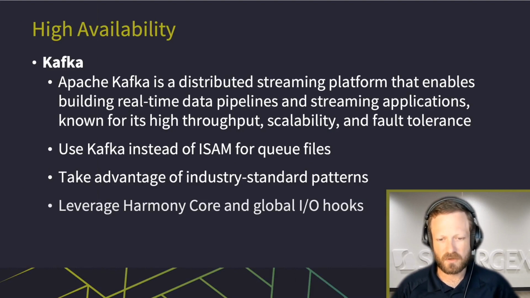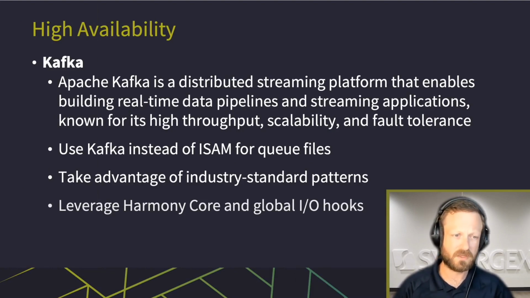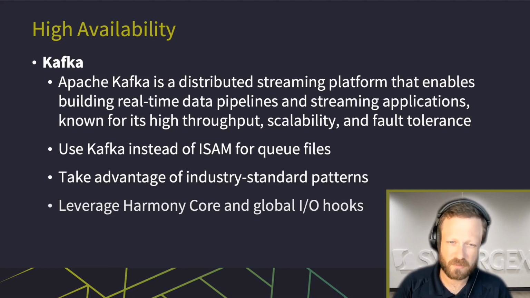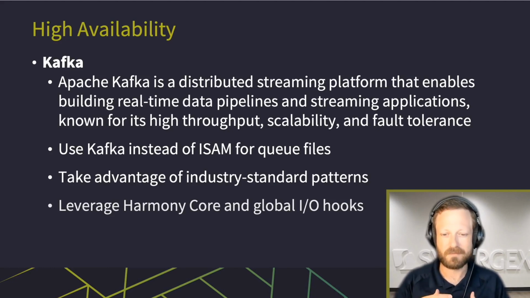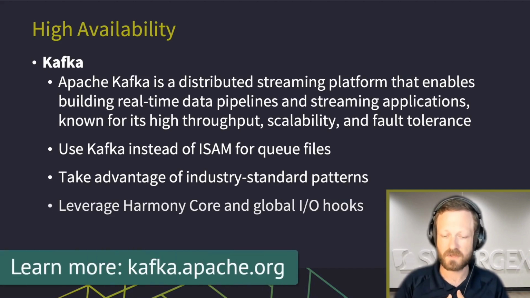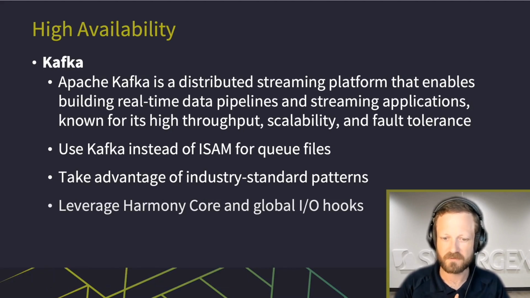So now on to some very new stuff for us. So this is Apache Kafka. It is a distributed streaming platform. People use it for all sorts of things. Our particular use case for Kafka is essentially as queue files.